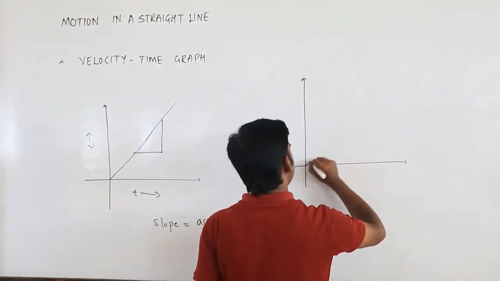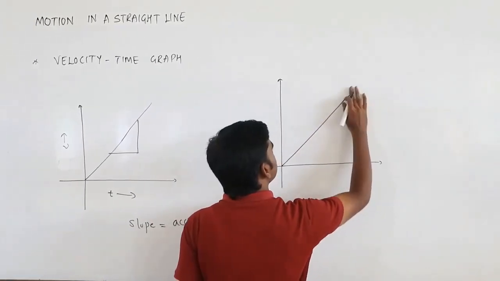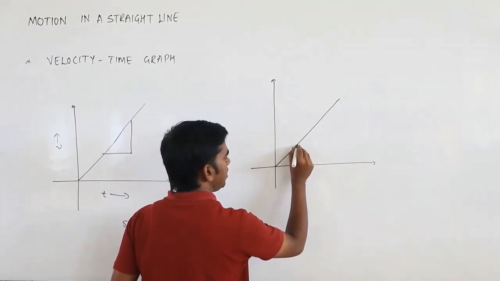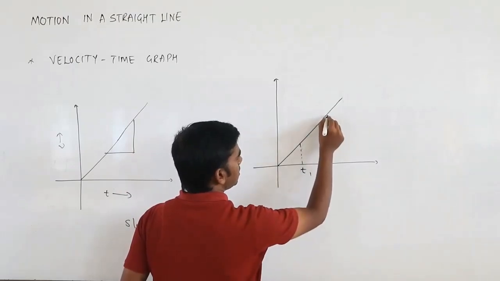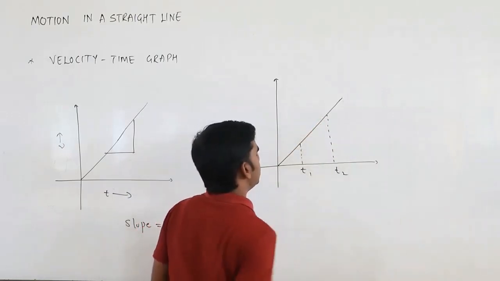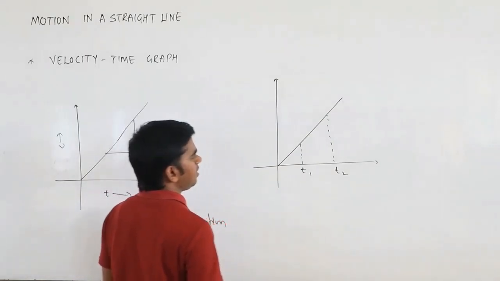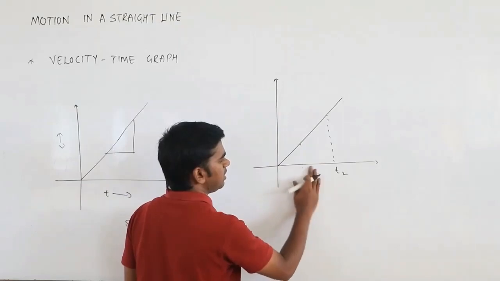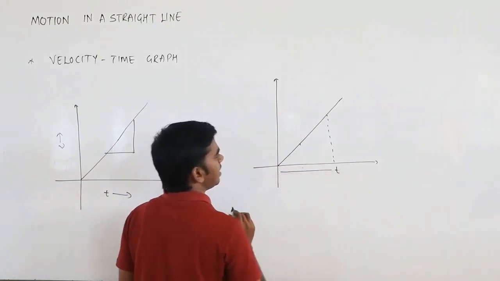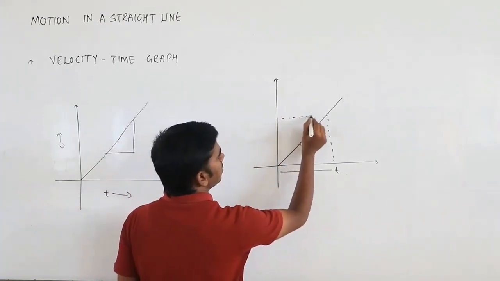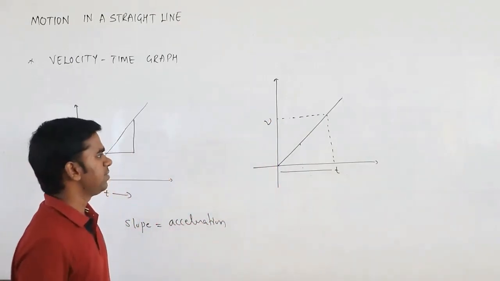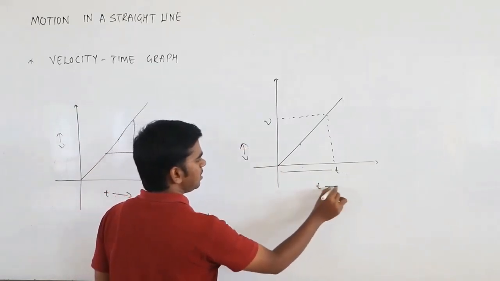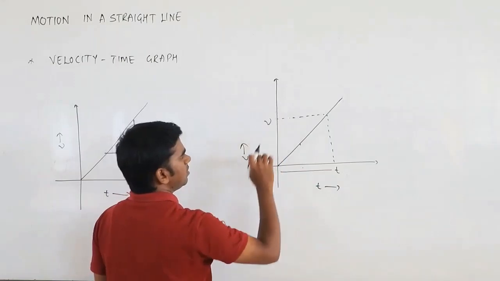If you take times t1 and t2, this is t1 and this is t2.